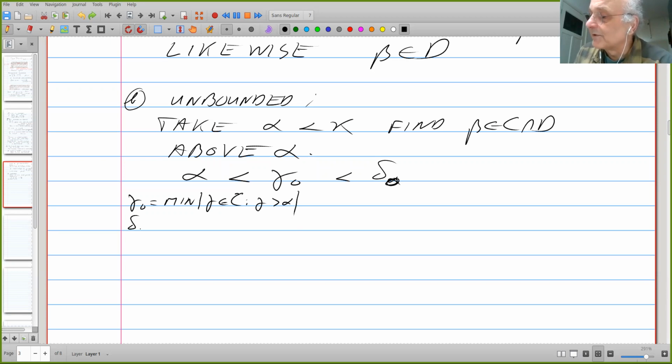And what is delta 0? Delta 0 is the minimum member of D that is bigger than gamma 0. And well, you can guess where gamma 1 is coming from.